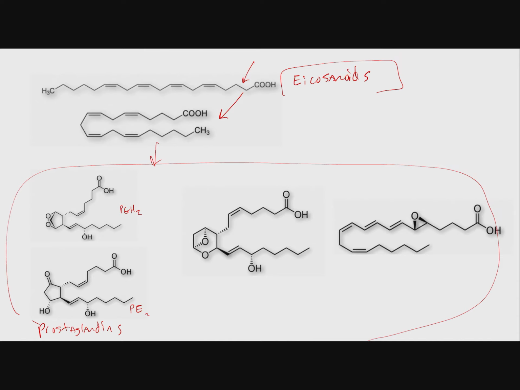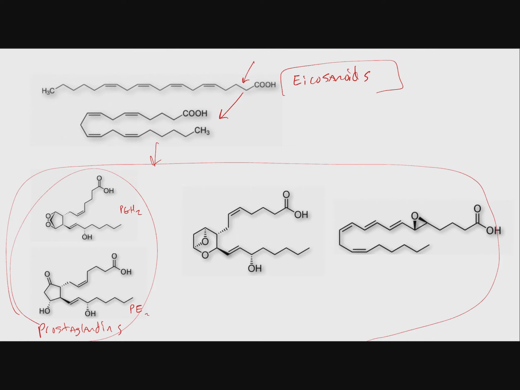When you take things like non-steroidal anti-inflammatory medications, these often block the conversion of arachidonic acid into these prostaglandins. So that's how medicines like Advil or ibuprofen work, by preventing these molecules from being made.